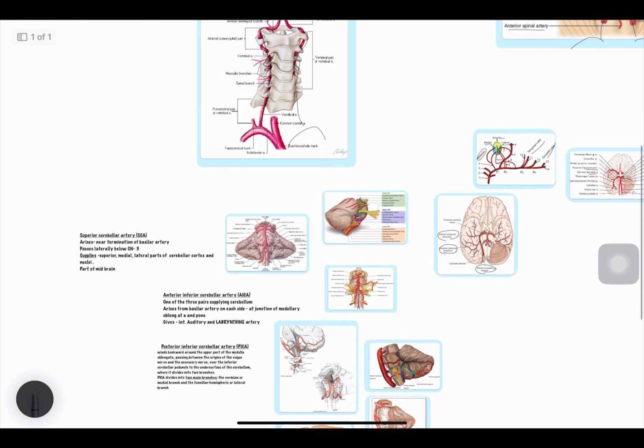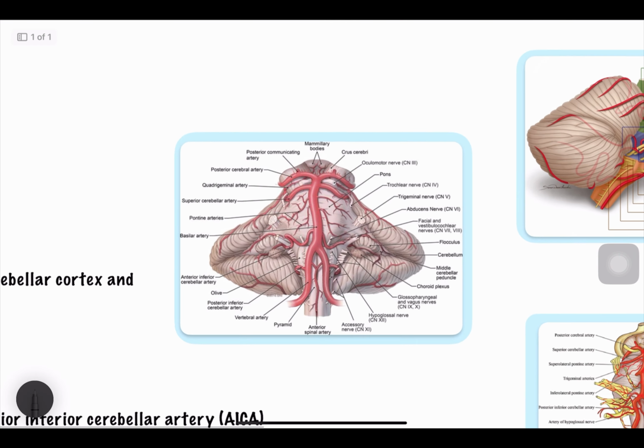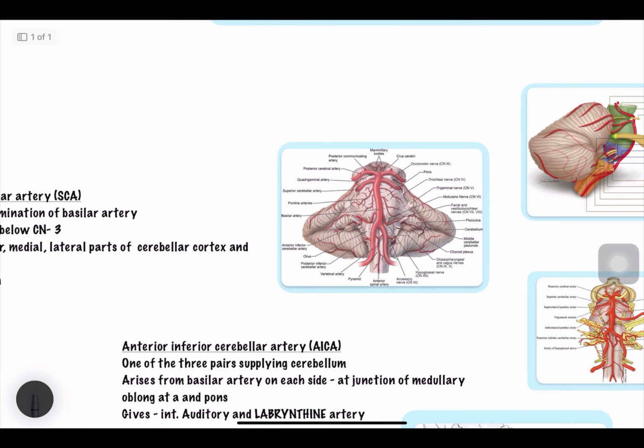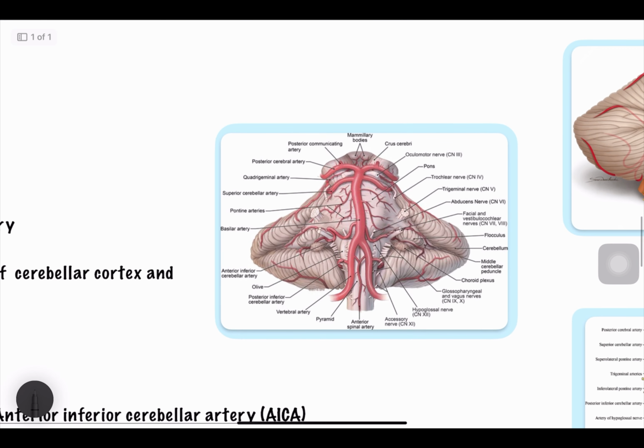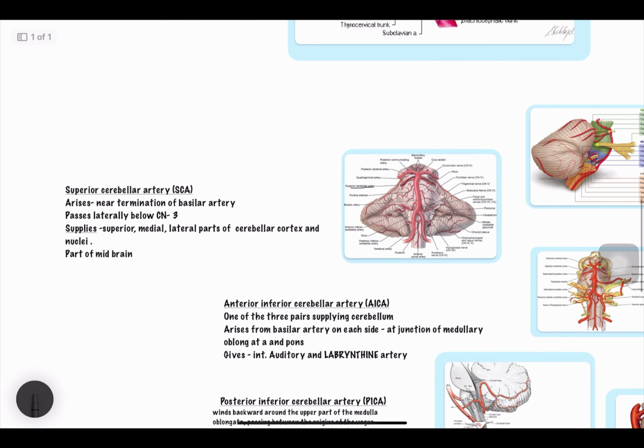So now talking about the superior cerebellar artery. This artery is seen at the place where the basilar artery terminates. It arises near the termination of the basilar artery and passes laterally below the cranial nerve 3.